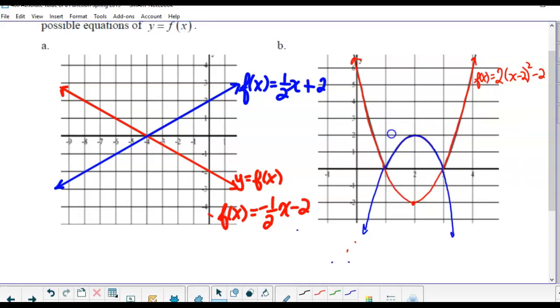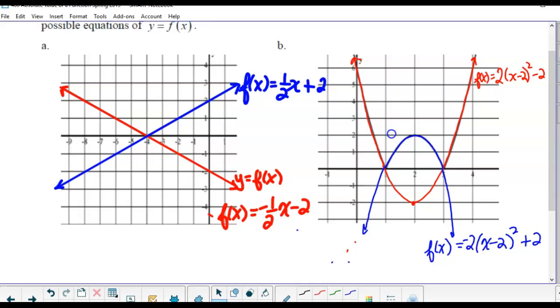So this is going to be f of x. Basically, it's the same parabola, same shape. The vertex is in a different location, so now it's x minus 2 squared plus 2. And it's opening down, same stretch factor, the size is the same. So this is going to be negative 2 out front.